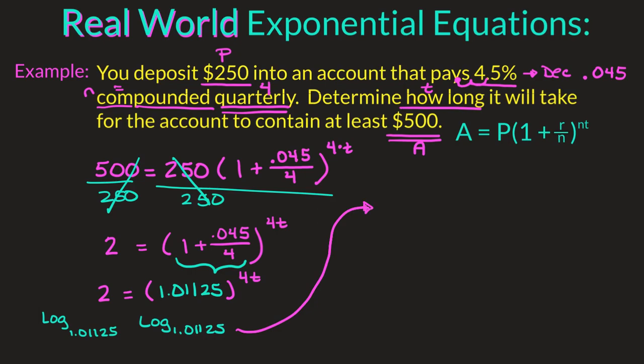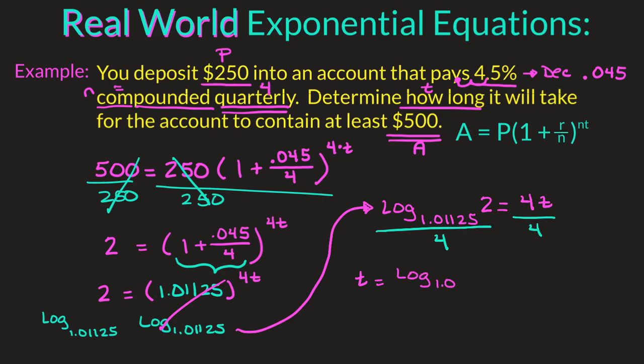On the left side, we're going to have log base 1.01125 of 2 equals the log base, and the base will cancel, and that's going to leave us with 4t. From here, you still need to get t by itself, so you're going to divide both sides by 4, and that's going to leave us with t equals log base 1.01125 of 2 all over 4.